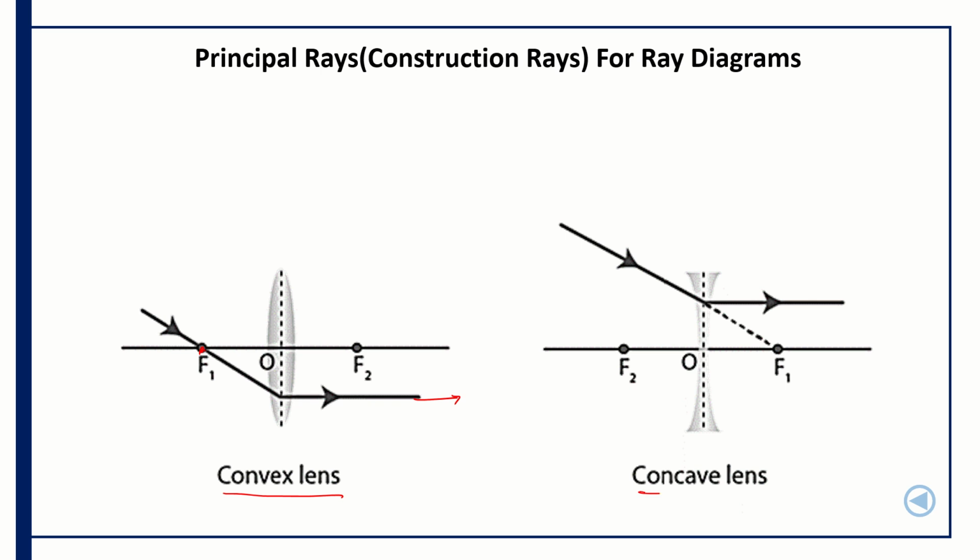In the case of a concave lens also, if I extend the incident ray, and that ray appears to emerge from the principal focus 1 of that lens, then after falling on the lens and getting refracted, the emergent ray coming out from the lens will be parallel to the principal axis of that lens.